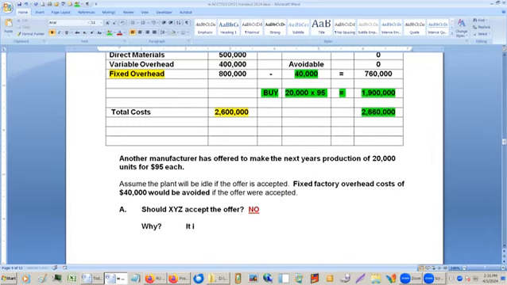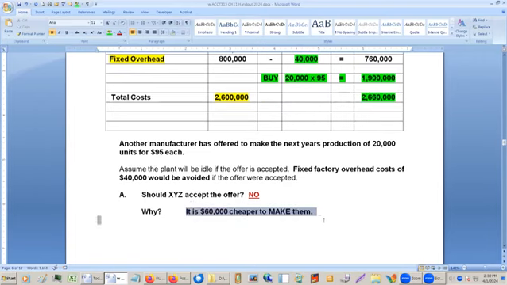It is $60,000 cheaper to make them. So $60,000 cheaper to make them. So that'd be 2 million.